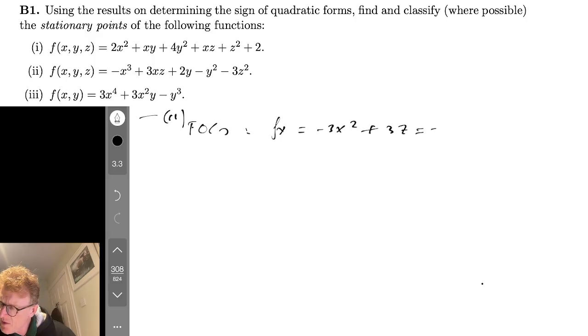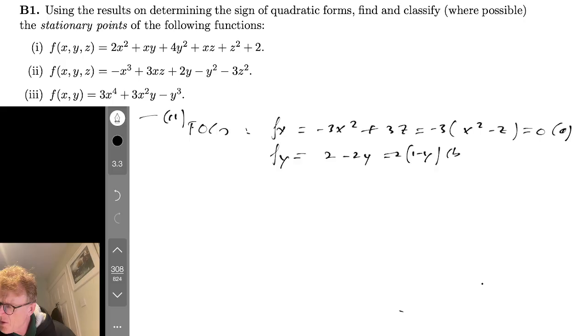So that's minus 3x squared minus z is 0. It's A. The f dy is 2 minus 2y, so 1 minus y is 0. B, so y is 1.